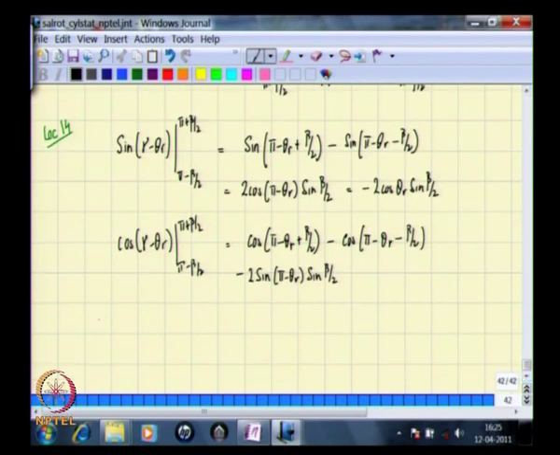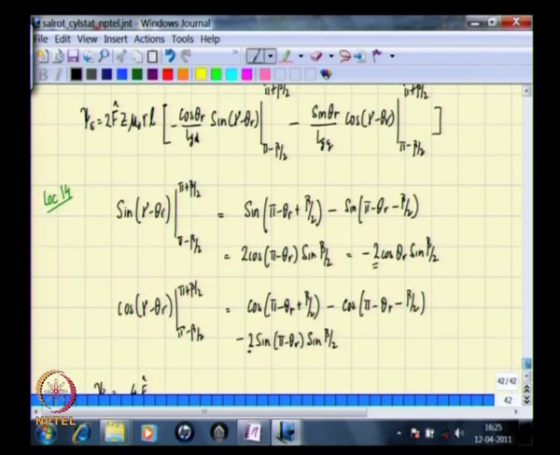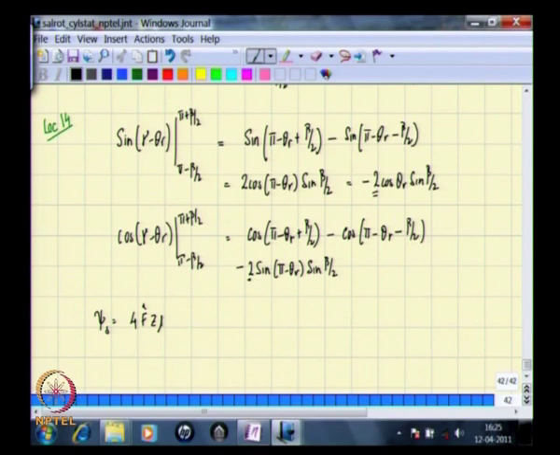and therefore the expression for the flux linkage can then be written as psi s equals 2, and we will take this 2 also outside, which means it is 4 f hat z mu naught r l into cos square theta r by L G D plus sin square theta r by L G Q multiplied by sin beta by 2.